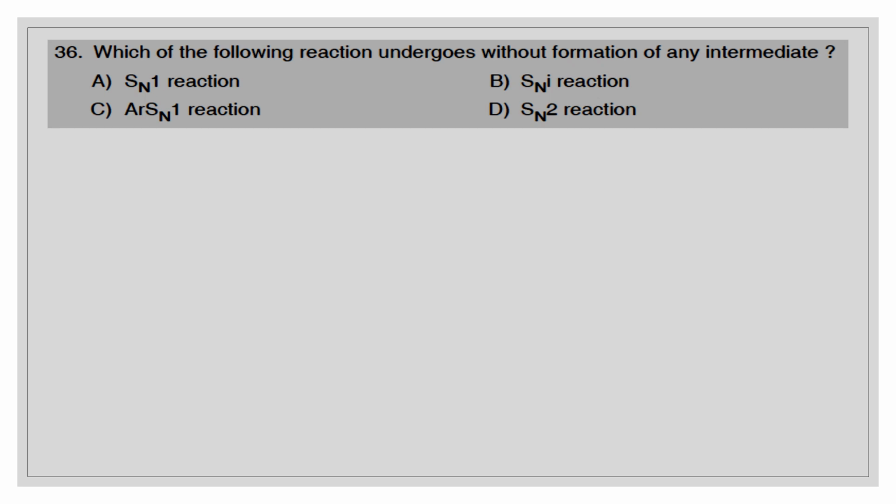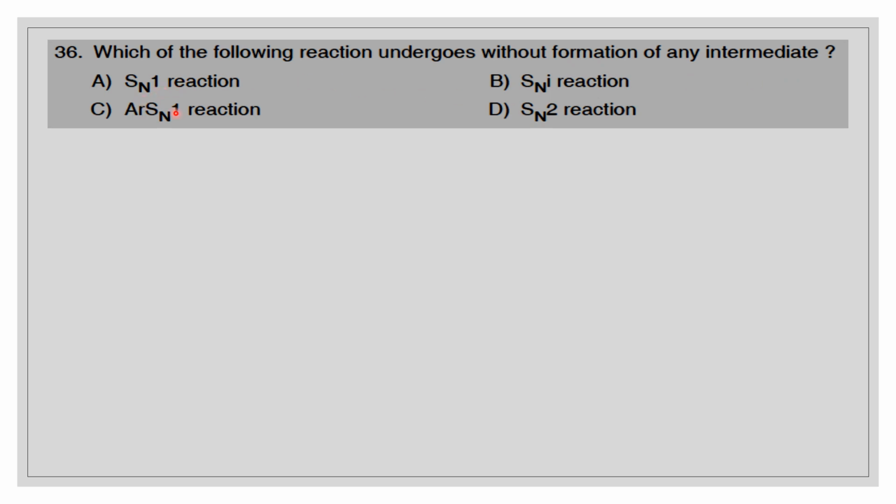As I've already mentioned in the intro slide, this video is all about a question based on substitution reactions in organic chemistry. It is question number 36 of the question paper, and the question goes like this: which of the following reactions undergoes without formation of an intermediate?